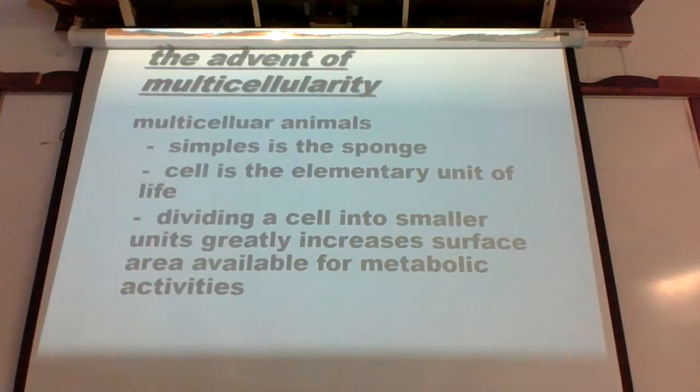Now, what makes these animals is they are multicellular. And when we talk about cells at the basic level, yes, it is very, very boring. I get that. But we need to have a place to start.